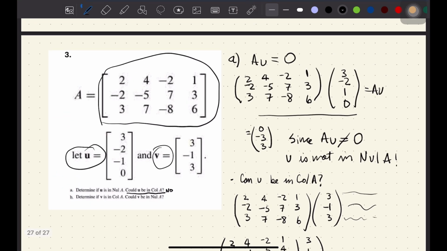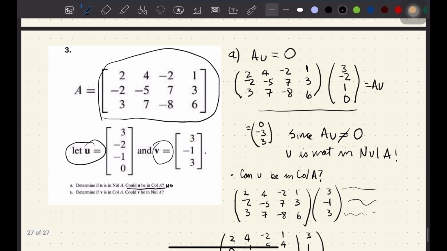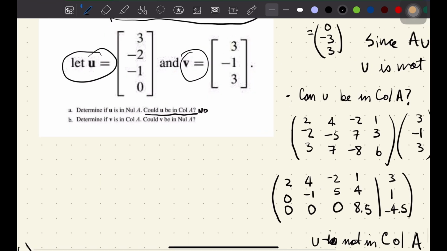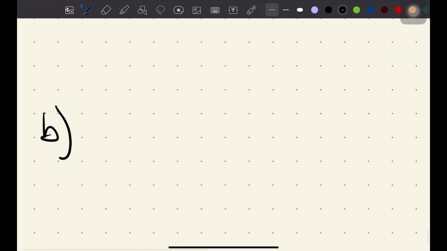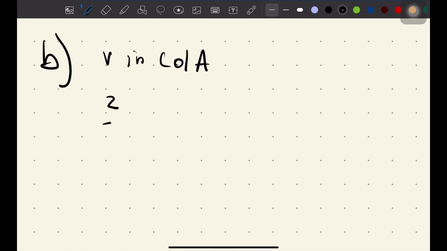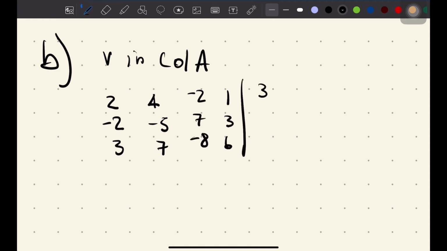We're going to determine if b is in Col A. So we first need to set up the augmented matrix. And we get as the answer this 2, 0, 0.